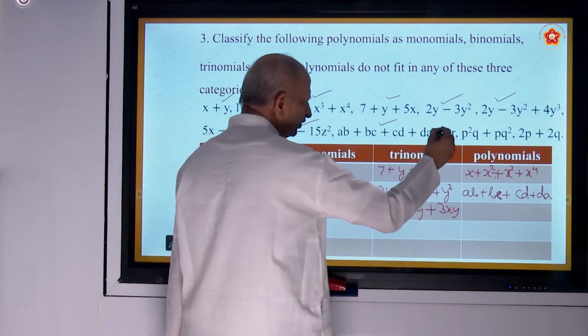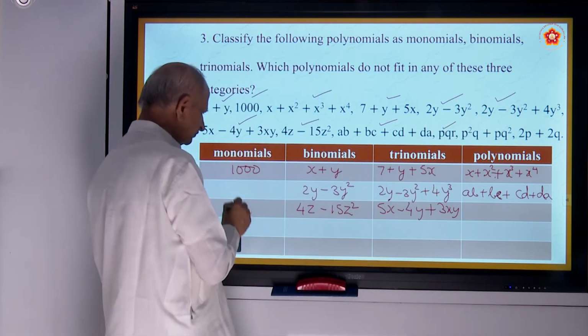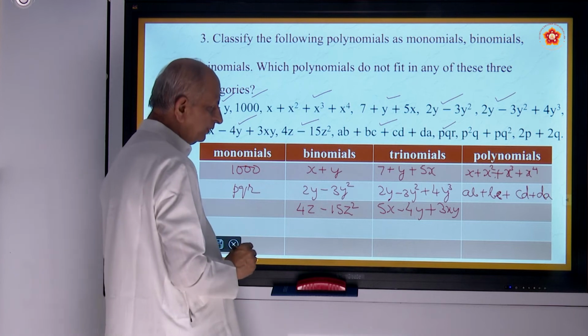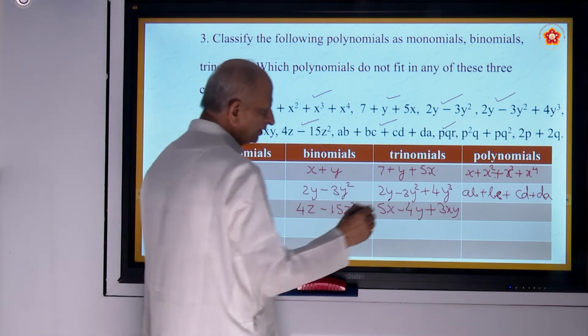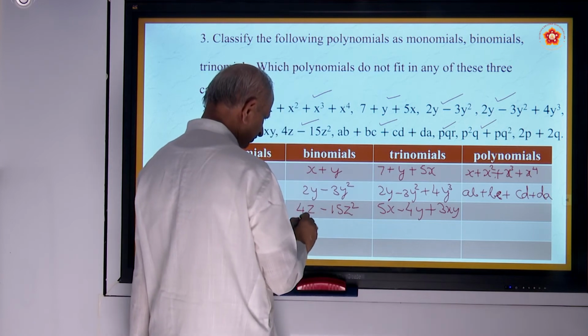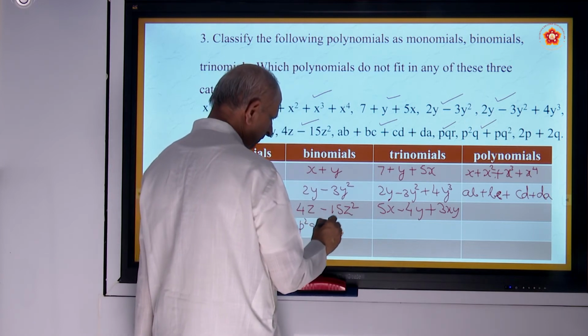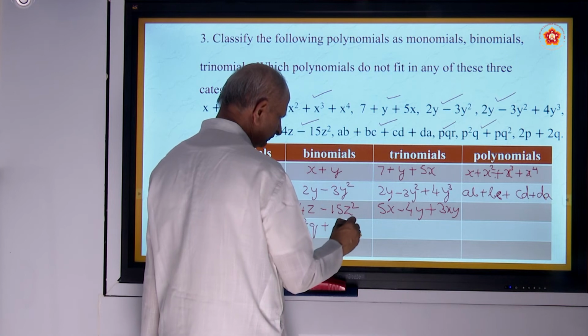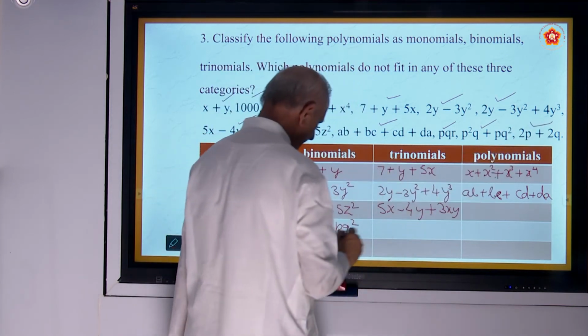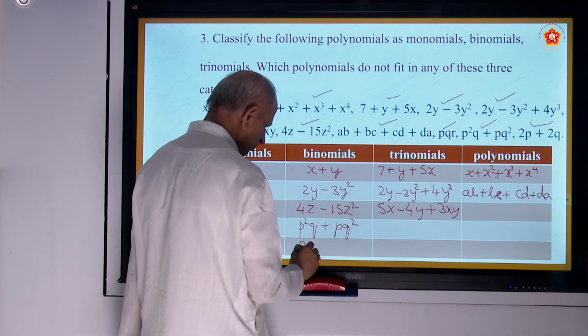Then you have PQR. There is no addition or subtraction in between, so it is only one term. Then you have binomial, P squared Q plus PQ squared. Binomial. Last one, 2P plus 2Q.